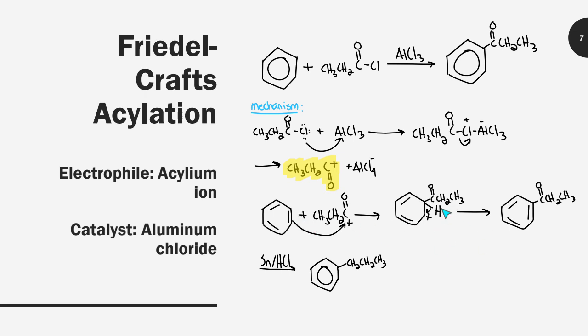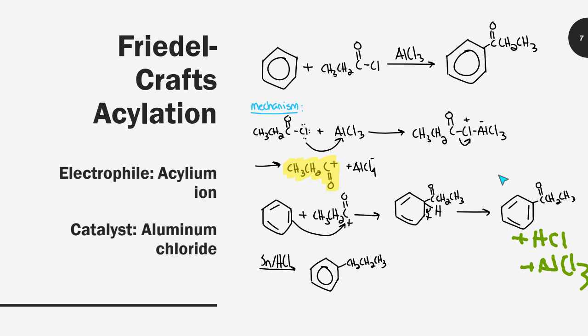Same thing here: one of the aluminum-chlorine bonds from the counter ion will attack this hydrogen and break this C-H bond. The bonding electrons will go to reform the double bond, and then you'll form HCl and reform your catalyst again.